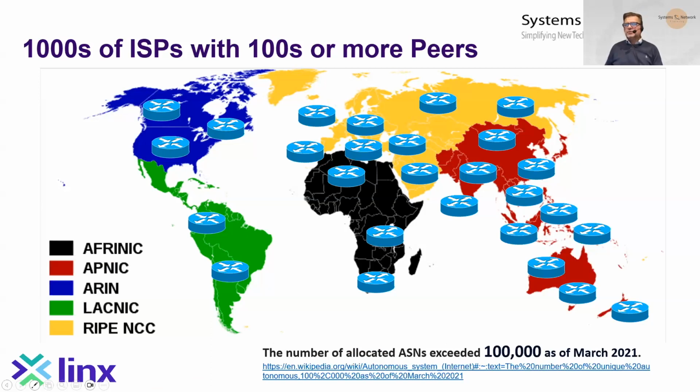These connections, as I'm illustrating very simplistically here, we call peering. Peering is a description of the way that one organization's router connects to another organization's router. Whatever the size of those organizations, we call that peering.